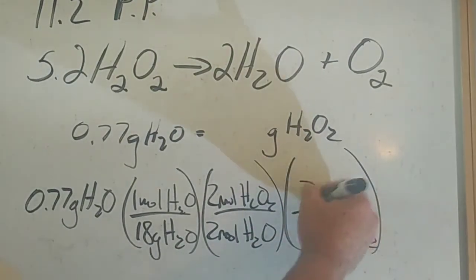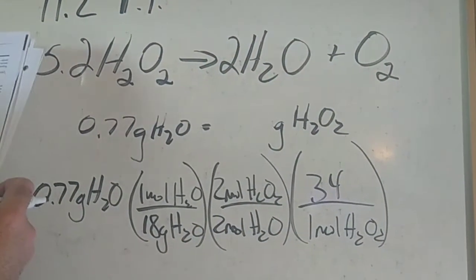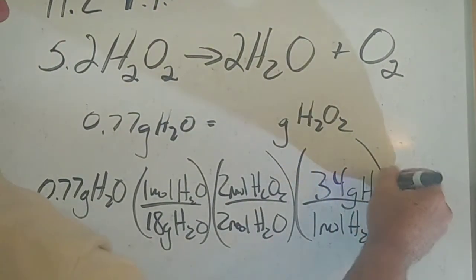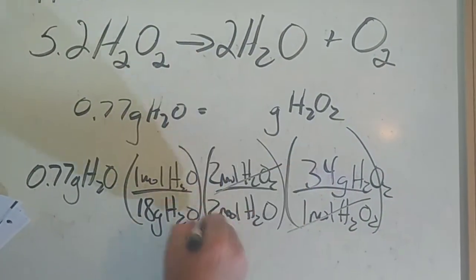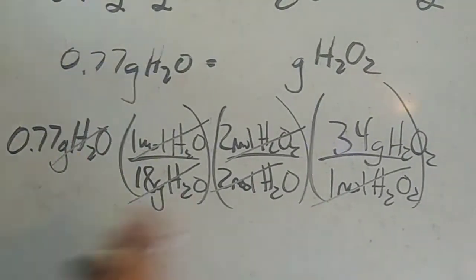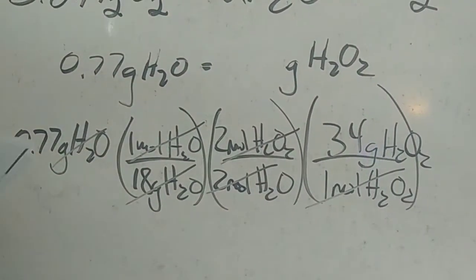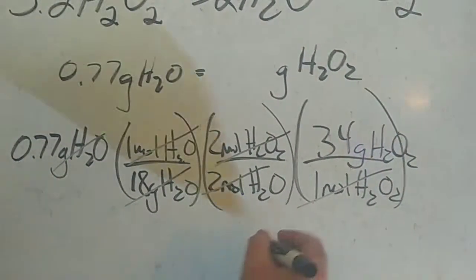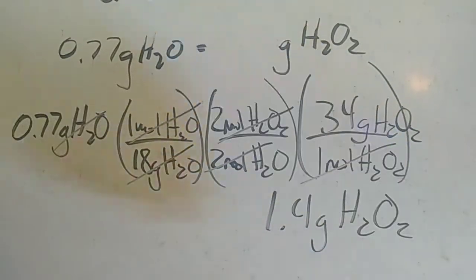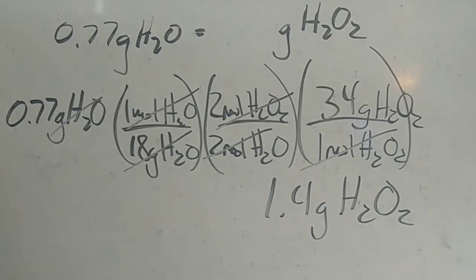So we get 34. I think that's right. Grams H2O2. Cancel everything out that needs to be canceled out. Again, it's good practice. When you get done, we should have 2 sig figs in our answer, and it should be 1.4 grams H2O2. So that's number 5.